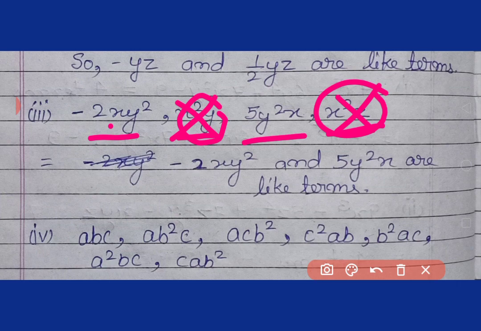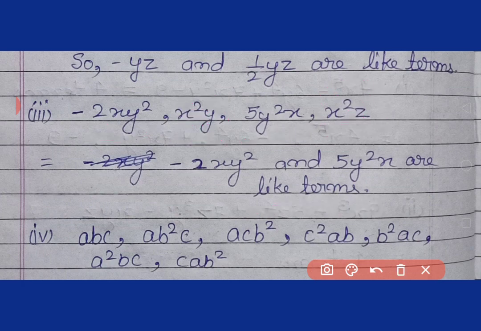Here xy², x is present and y² is present, so these two terms are like terms. Now you are thinking that in these two terms x² is common, then why can't we say that these are like terms? Because their second variable is different, so these are not like terms.